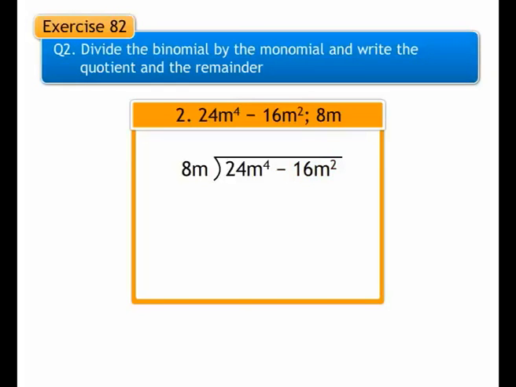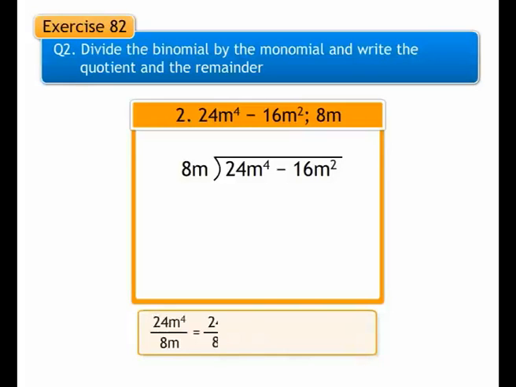To solve this sum, we will divide 24m raised to 4 with 8m, numerator-denominator form. That is 24m raised to 4 upon 8m, which is 24 upon 8 into m raised to 4 upon m. By reducing, we get 3 into m raised to 4 minus 1, which is equal to 3m cube.